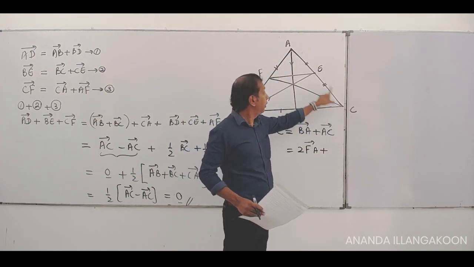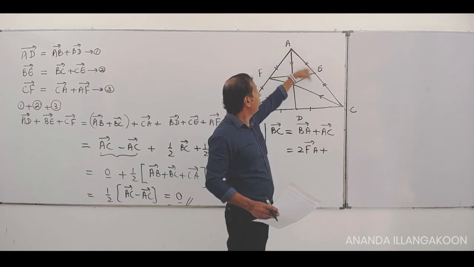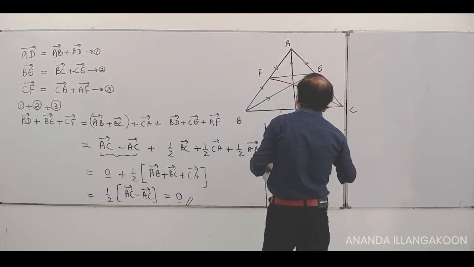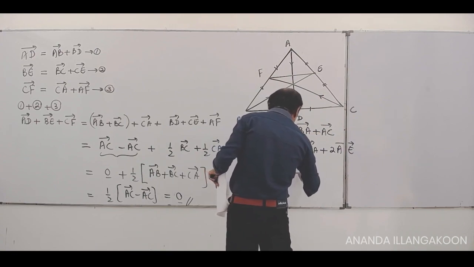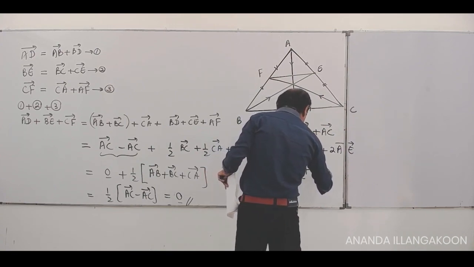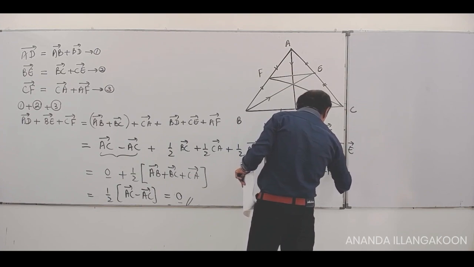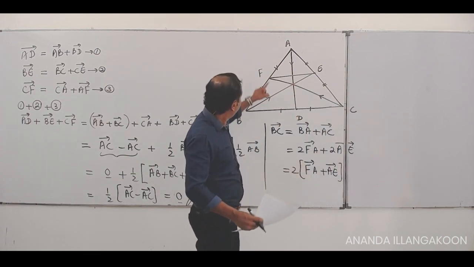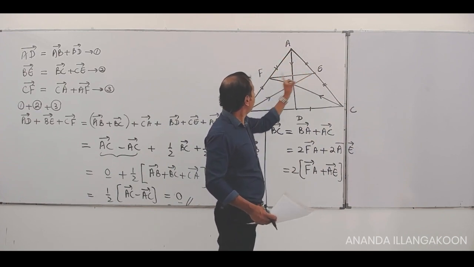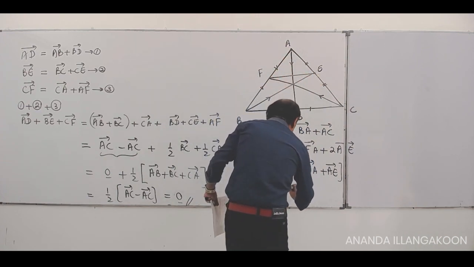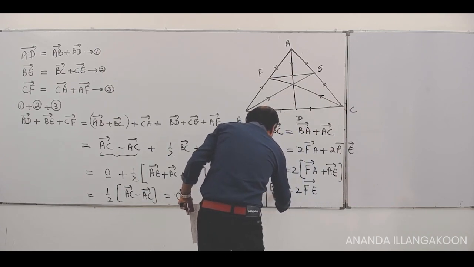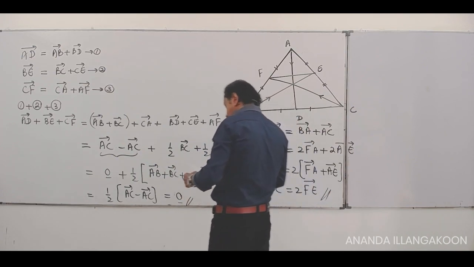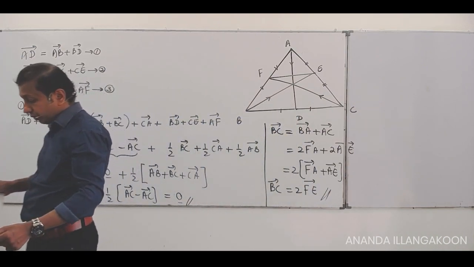AC vector, E is the midpoint of AC, no? 2 times AE. Take this 2 out: FA plus AE. FA plus AE means FE. 2 times FE is equal to the BC vector. That's how we get that answer.